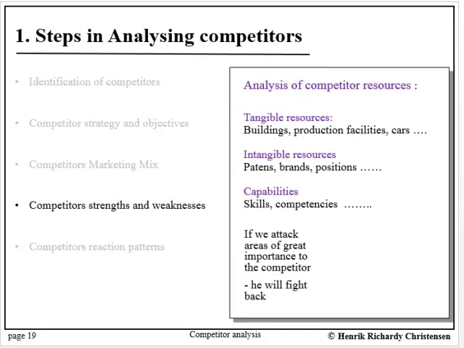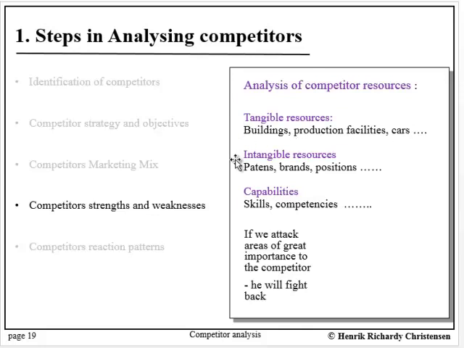Now the competitors' strengths and weaknesses. Competitors, and also ourselves, have resources, and resources are the foundation for the strengths and weaknesses that we have. Looking at a competitor's resources, a competitor has, just like anybody else, tangible resources like buildings, production facilities, cars, tables, chairs.